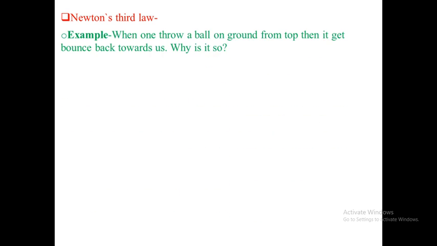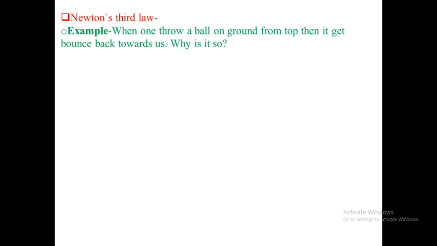Now let's discuss Newton's third law. In Newton's third law, we will see an example first. For example, when one throws a ball on the ground from the top, it bounces back towards us. Now why is this so? The answer to this question is Newton's third law.